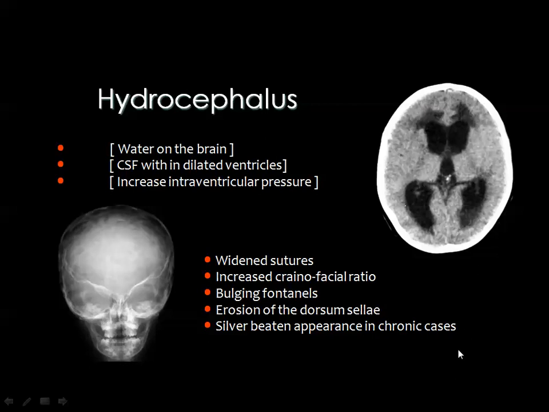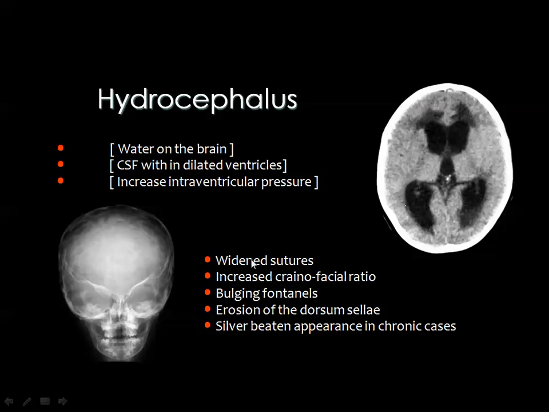Then, in the era before CT and MRI, we used to perform skull X-rays whenever we felt that the skull was enlarged or the craniofacial ratio was disturbed, and we thought that there was some sort of hydrocephalus. And here are the manifestations we were looking for.